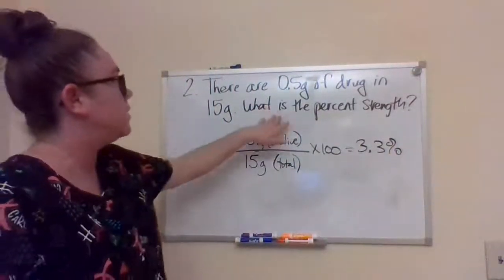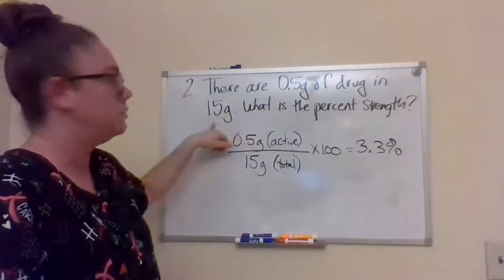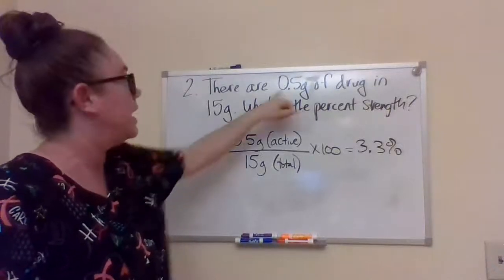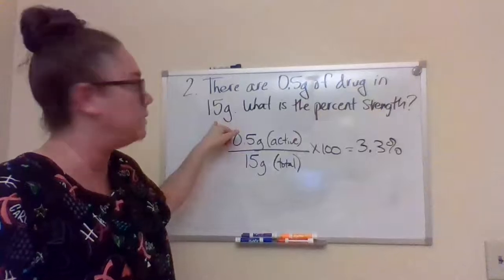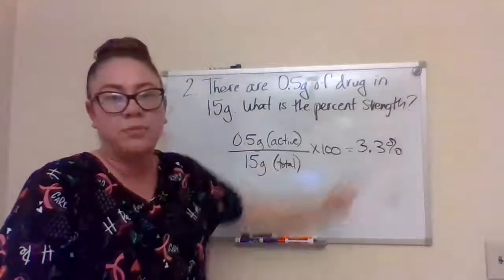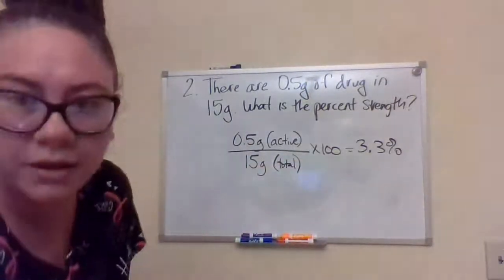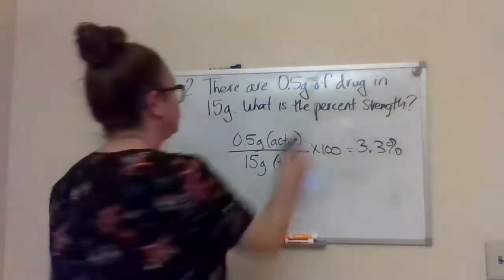So the percent strength of a tube of cream or ointment that has 0.5 grams of drug in it for a total of 15 grams, it's a 3.3% strength product.